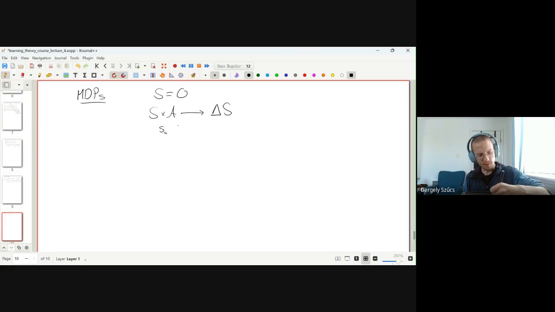And we have an initial state distribution in delta S. The main thing about MDPs, a kind of motto that you can try to make precise, is that bandits you can think of as MDPs with a single state, and so the reward only depends on the action that you take.